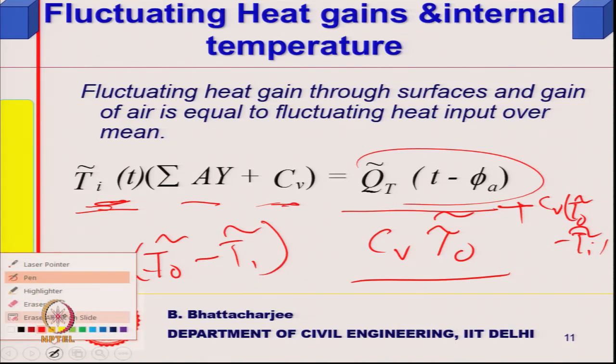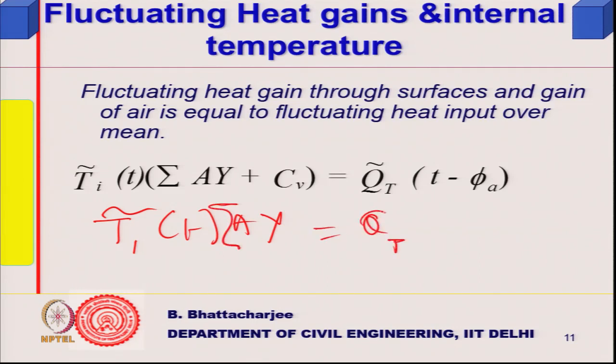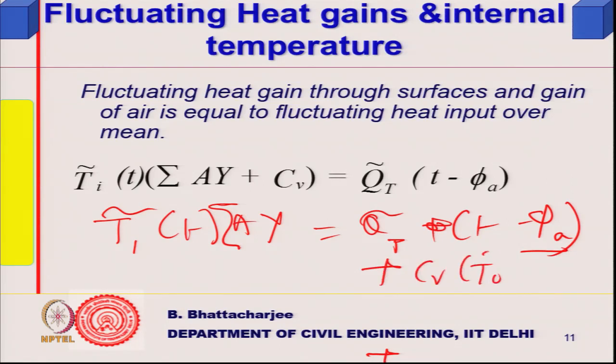T I, sigma A y for all surfaces, equals Q total leaving the ventilation part at T minus phi, appropriate as I said, and also for the admittance I have to take into account, plus C V into T O swing minus T I swing, because C V is the part I did not take care of.